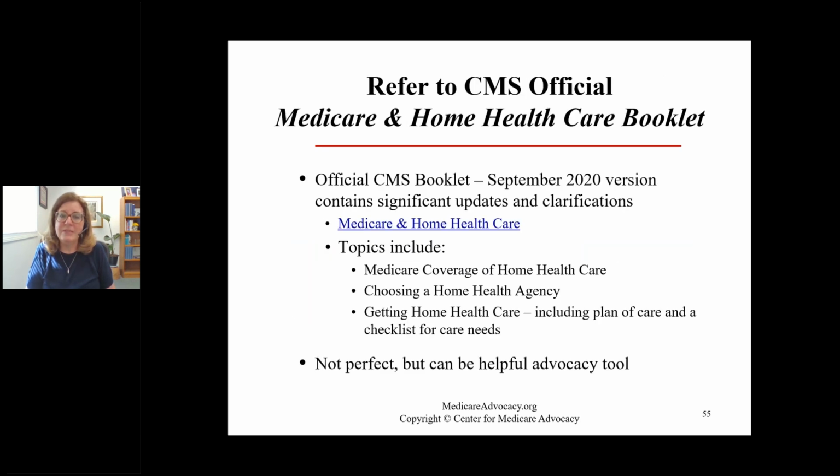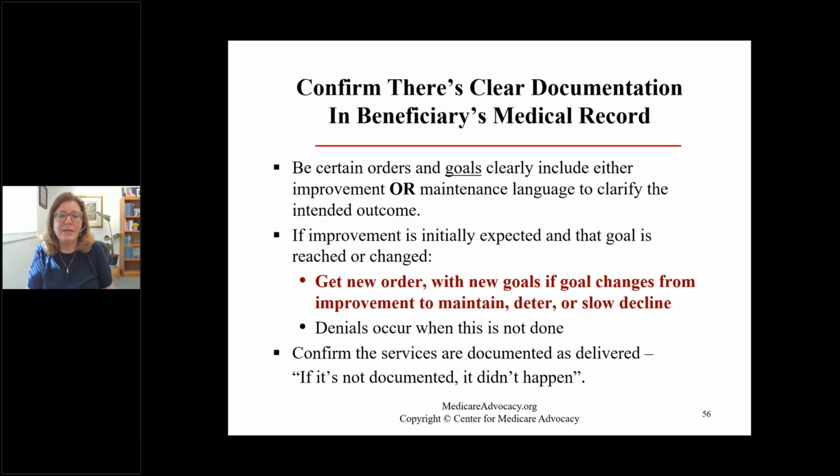There are other resources that we can use to point to the coverage rules that Judy mentioned, and in addition, we often hear from people who say, well, what kind of documentation do I need? What does the order have to say?